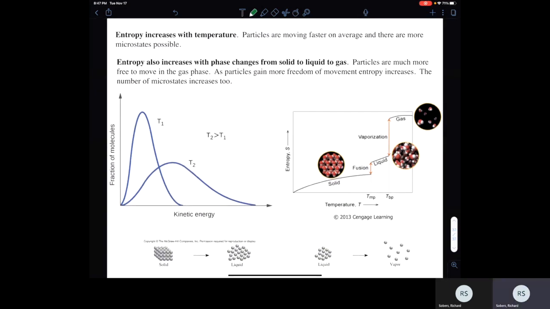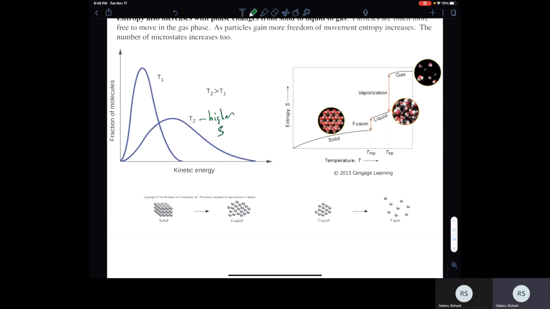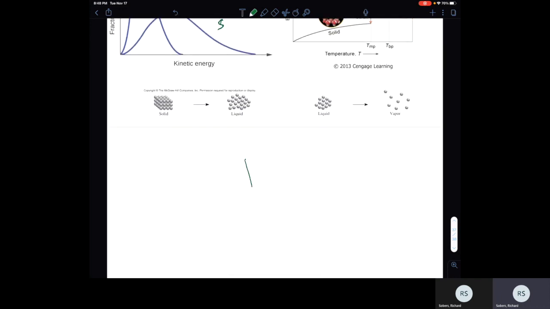We've looked at these Boltzmann distributions already, and we see that the entropy is going to be higher at the higher temperature, more dispersion of energy. And so you might remember, let me just scroll down here. You might remember these curves, like heating and cooling curves. So this could be heat added.